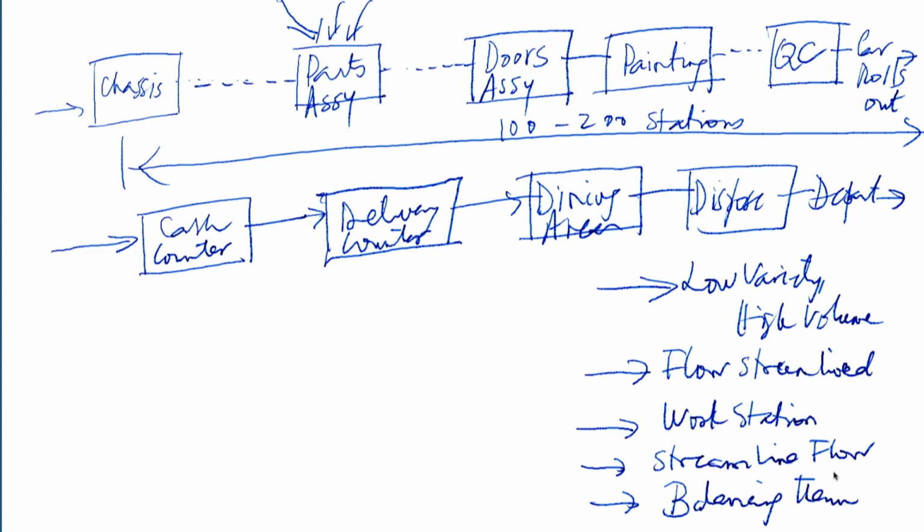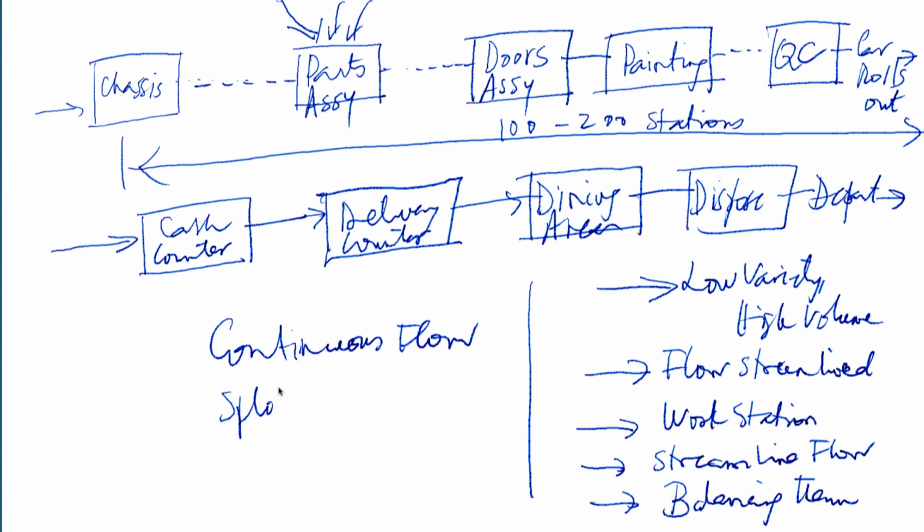These systems are typically called continuous flow, simply because there is volume but little variety, therefore it's all about the flow happening, and typically it's all about splitting the work into several parts.